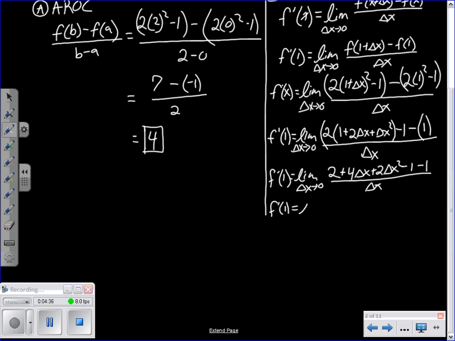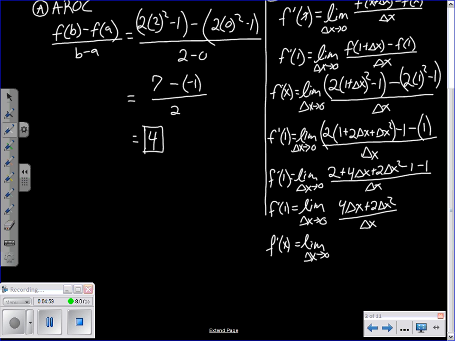So f prime of 1 is the limit as delta x goes to 0. 2 minus 1 is 1. On the top, I'm left with 4 delta x plus 2 delta x squared over delta x. I can factor out my delta x from the top, and it's going to cancel with the one on the bottom.